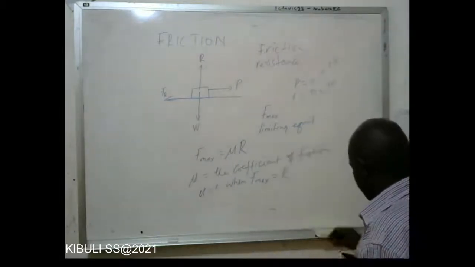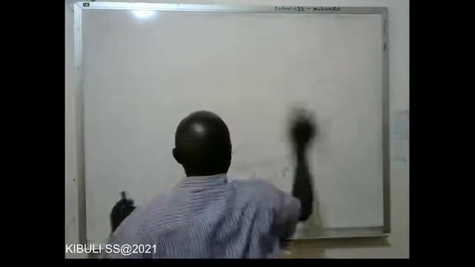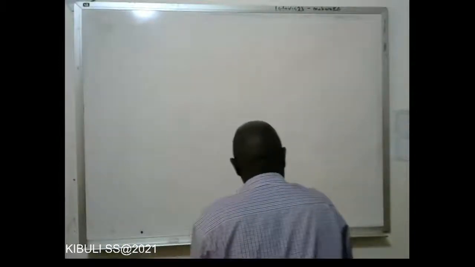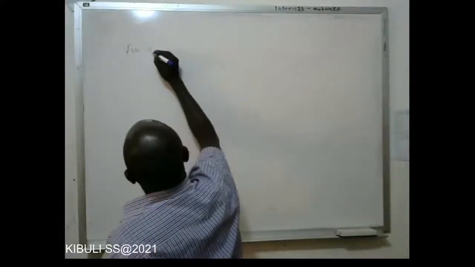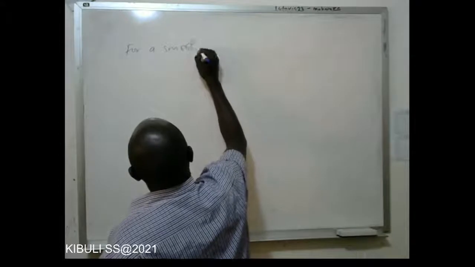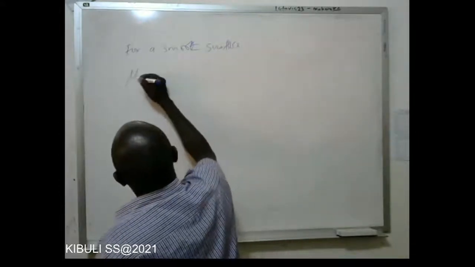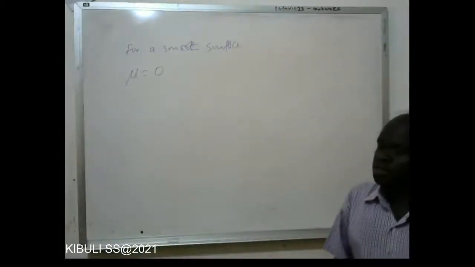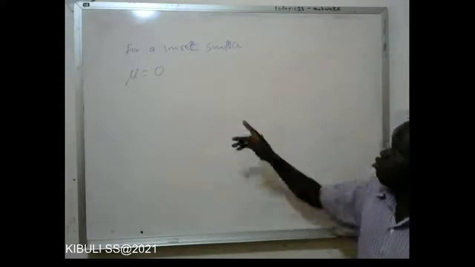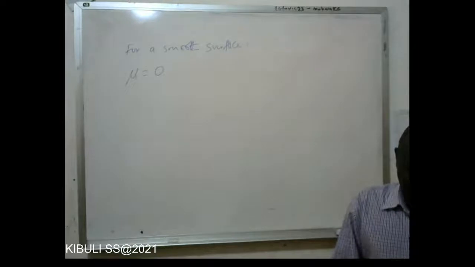Now when the surface is smooth, the coefficient of friction is given a value which is 0. In other words, for a smooth surface, there is no friction, so friction is equal to 0.